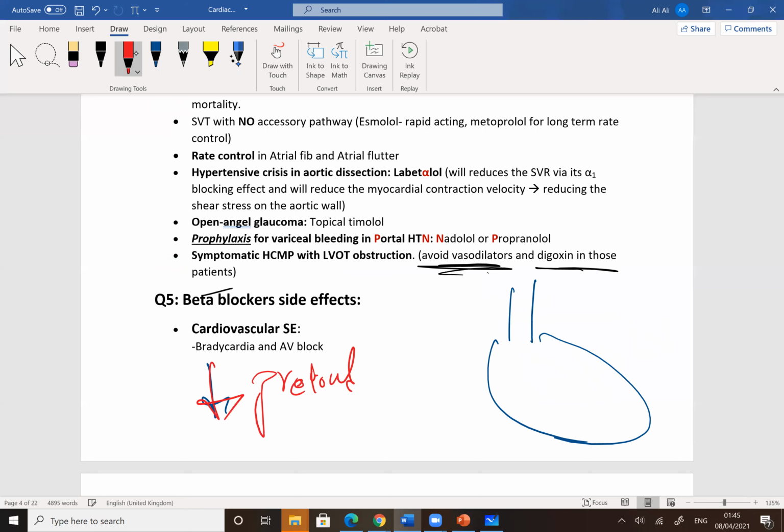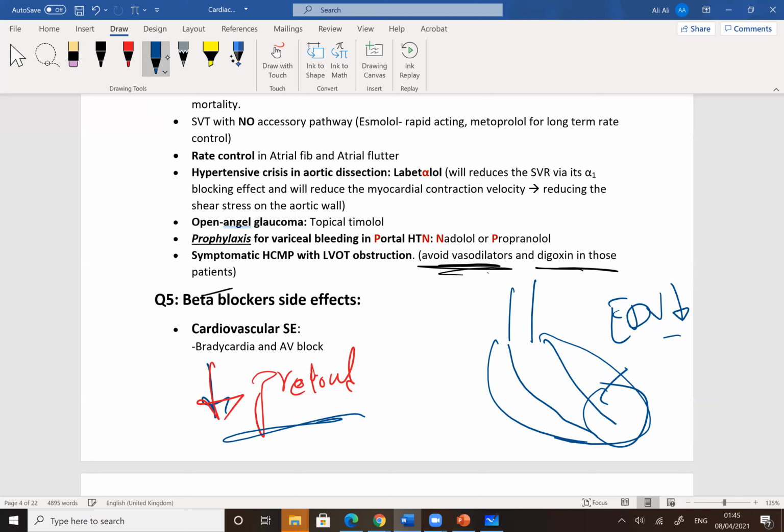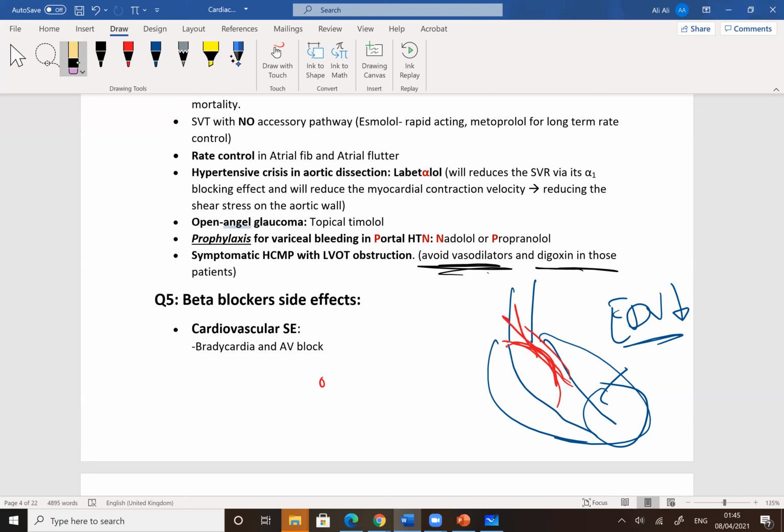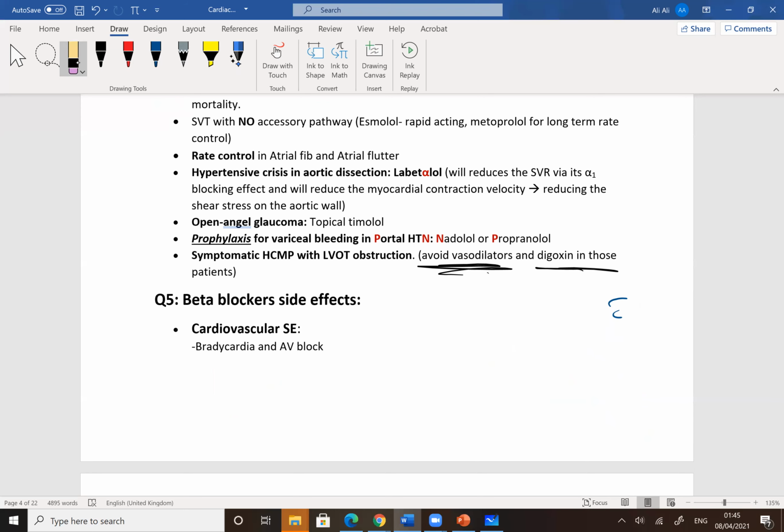The venous return. Vasodilators will reduce the venous return. If the venous return decreases, what happens to the end diastolic volume in the left ventricle? It will decrease because the preload and venous return decreased. If the end diastolic volume decreases, the obstruction will increase due to the negative pressure, meaning less fluid is passing through the obstruction, so the obstruction will become much narrower. Therefore, anything that decreases the preload in HOCM will make it worse.